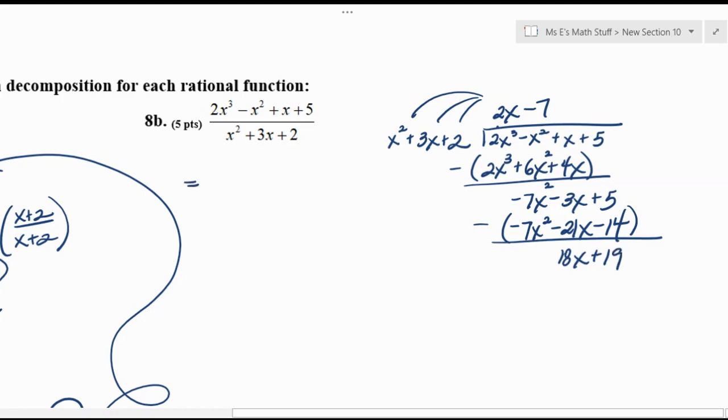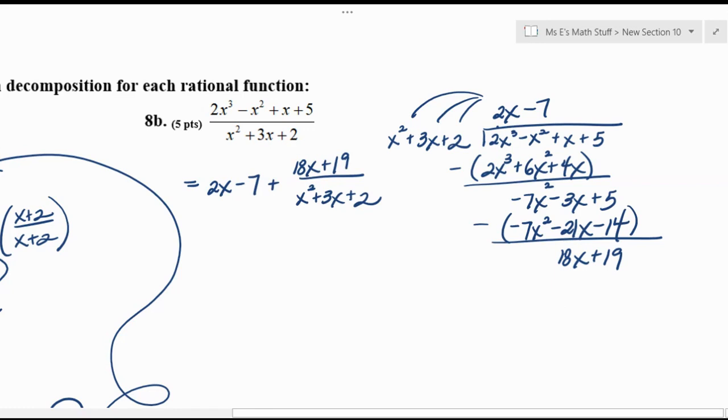We now know that this fraction that we started out with, in mixed fraction form, it would equal 2x minus 7 plus 18x plus 19 over x squared plus 3x plus 2, like so.